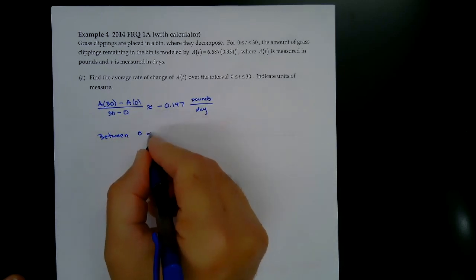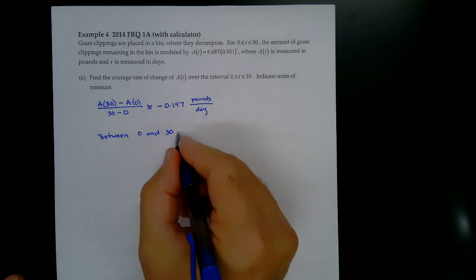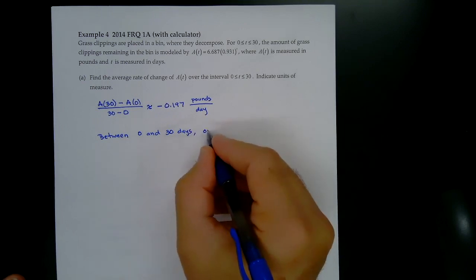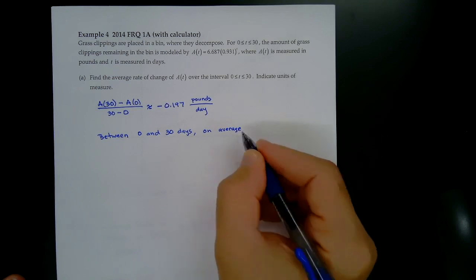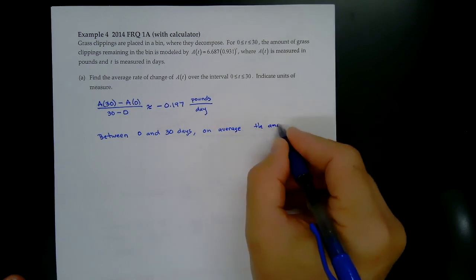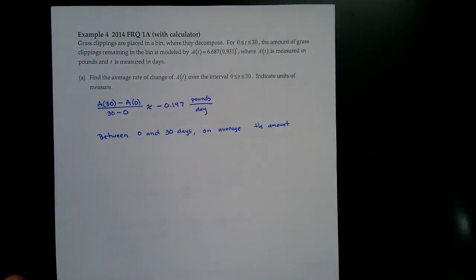0 and 30 days, because the time is measured in days, comma, on average, the amount, we've got to take the time to write this correctly. If you say amount of grass clippings, you're wrong.